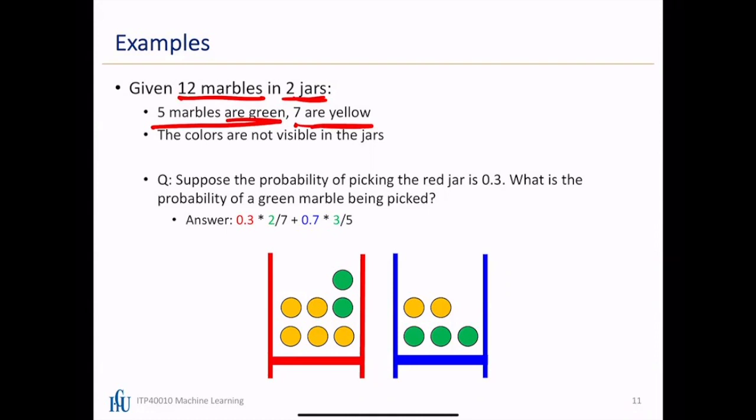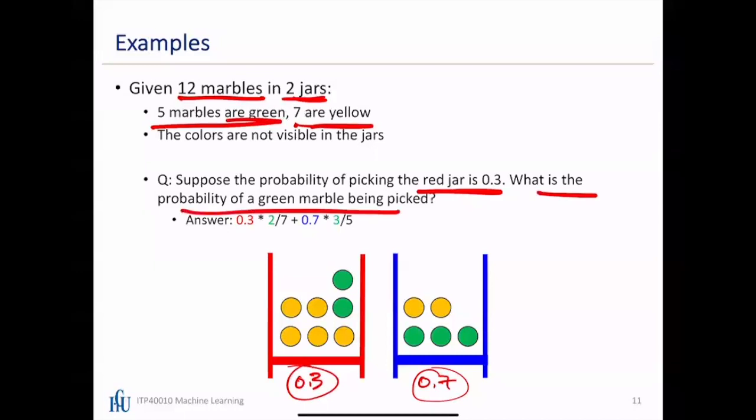Well, that's the game. Let's say the probability of picking the red jar is 0.3. That means the probability of picking the blue jar is 0.7. Given that, you want to calculate the probability of getting green.